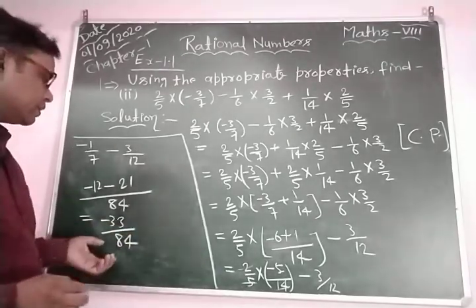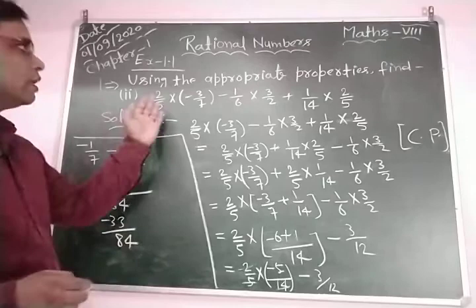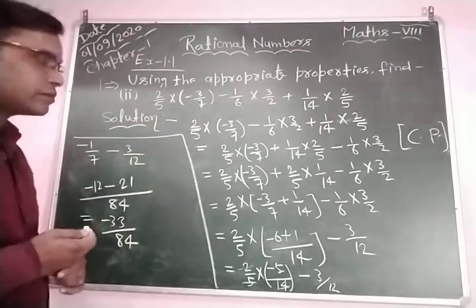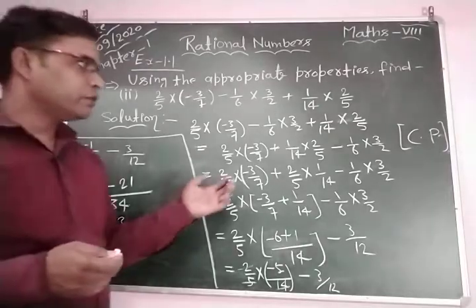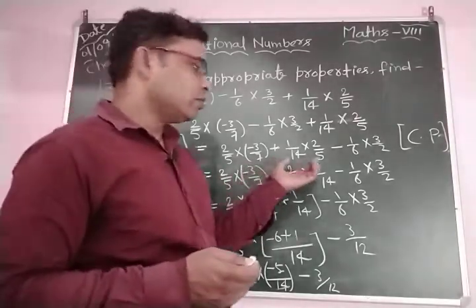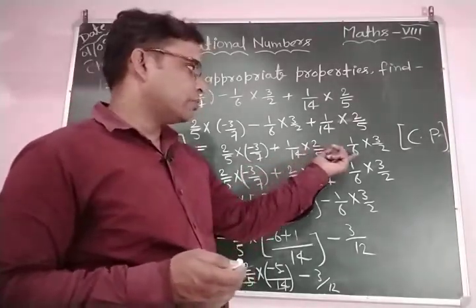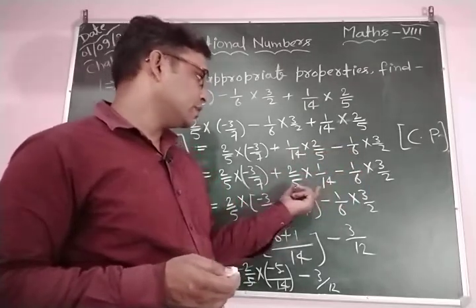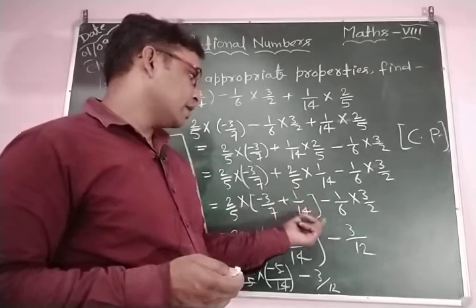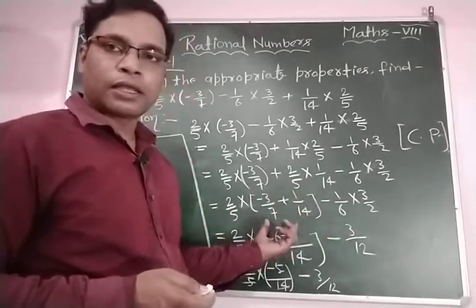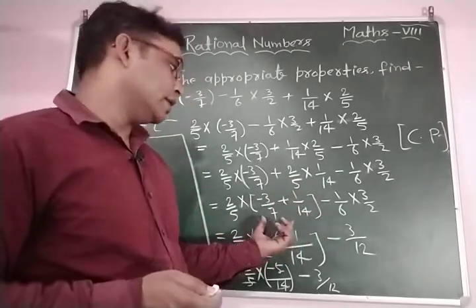So in this way you can see this is the solution of this problem, minus 33 by 84. Here we use the commutative property of addition two times, then the commutative property of multiplication, and here the distributive law of multiplication over addition.